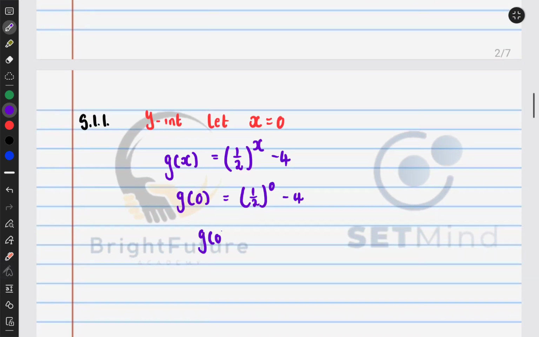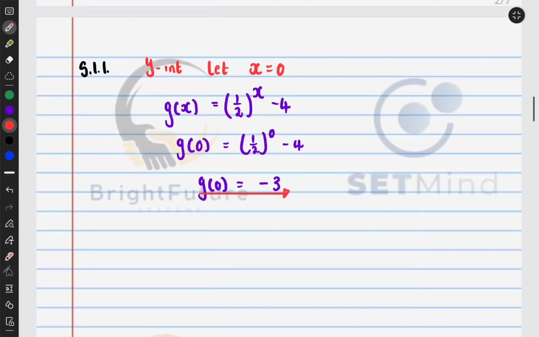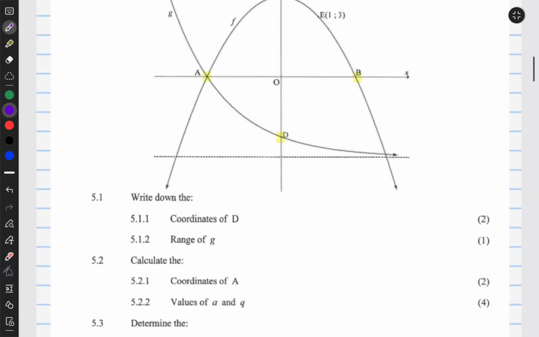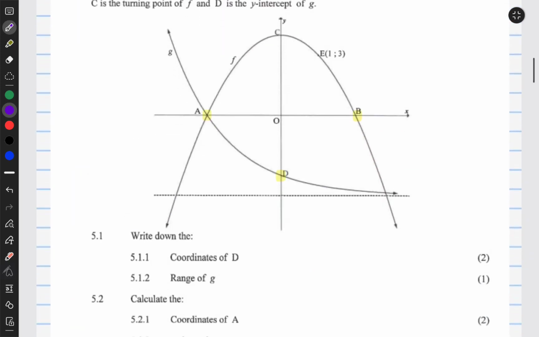Therefore g(0): (1/2) to the power of 0 is 1, and 1 minus 4 is minus 3. Therefore, the coordinates of D are (0; −3). That's the coordinates of D.